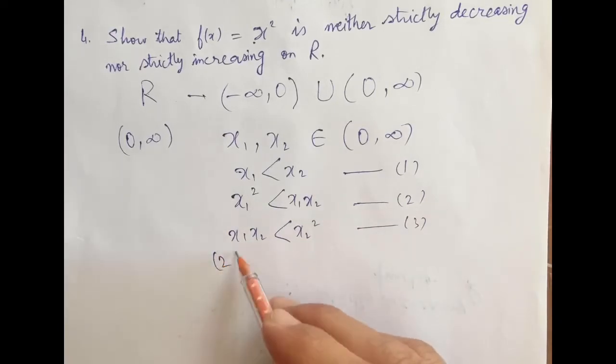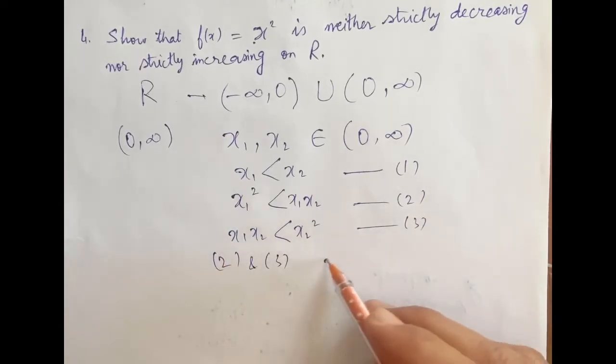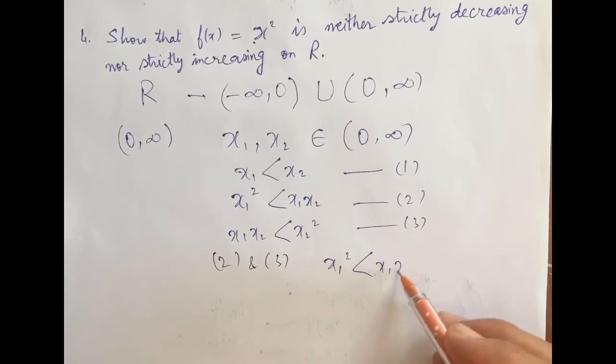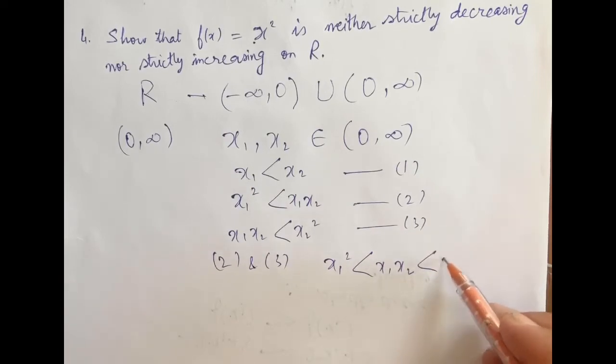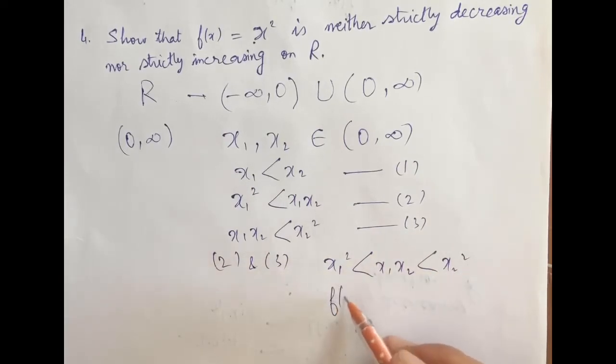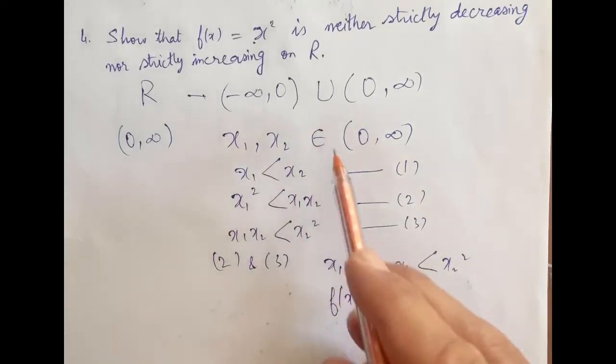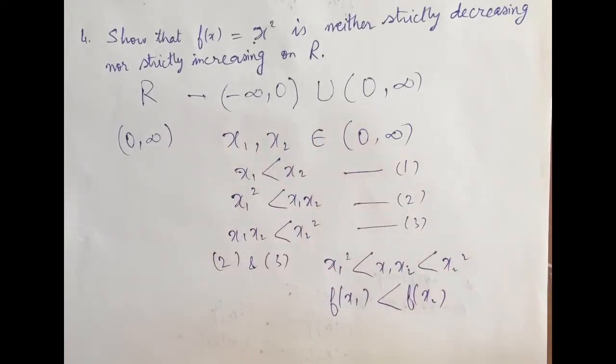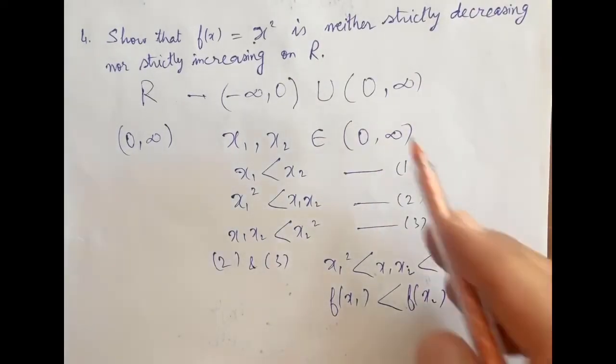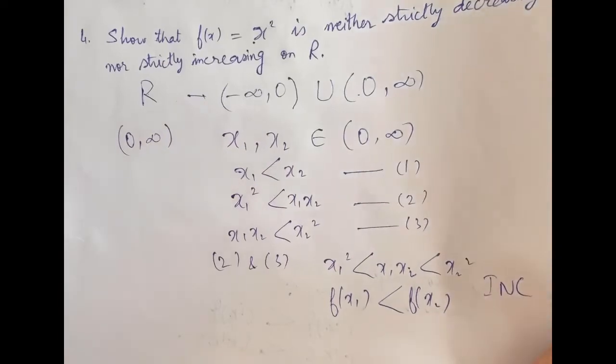So from 2 and 3 we have x1 square less than x1 x2 less than x2 square. This can be written as f of x1 less than f of x2. So this proves for x1 less than x2, f of x1 is less than f of x2. This means it's an increasing function in the interval from 0 to infinity.